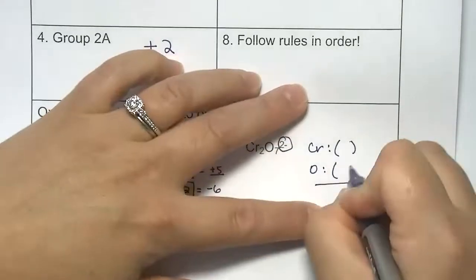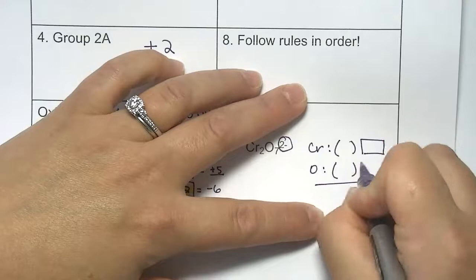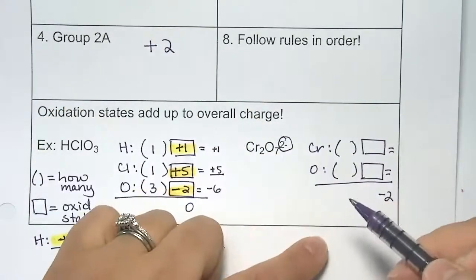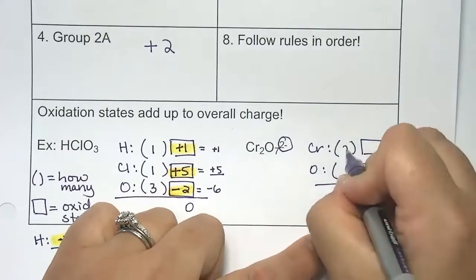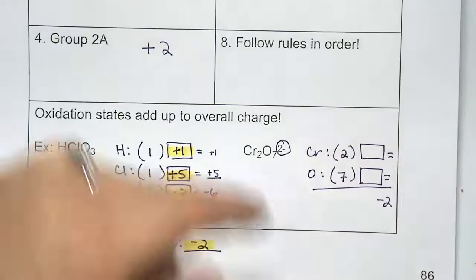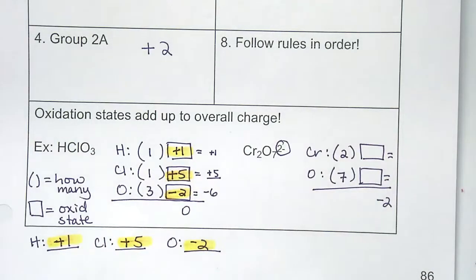Now, we're going to write down our parentheses and our boxes. So Eliana, how many chromium atoms do I have? 2. How many oxygen atoms do I have? 7. Okay. Valentina, does chromium have a rule on our list?